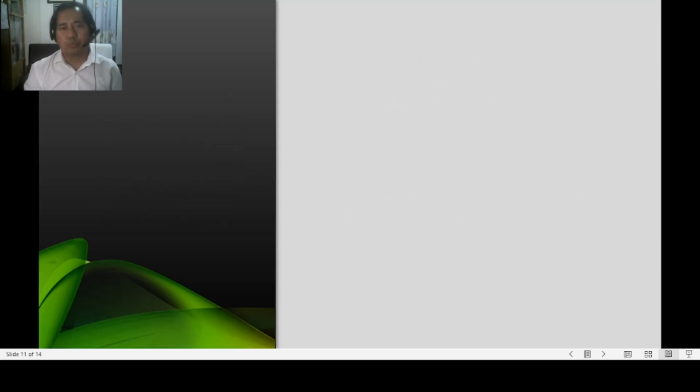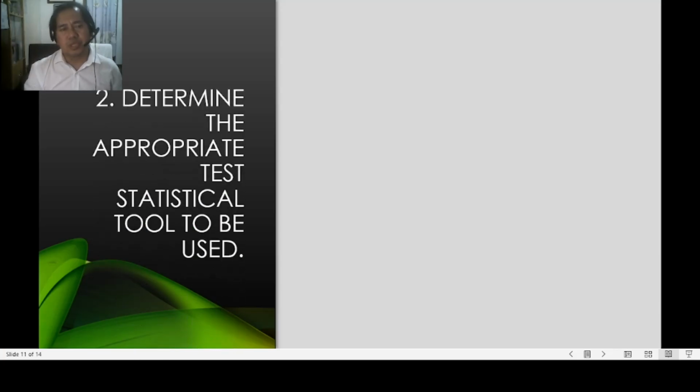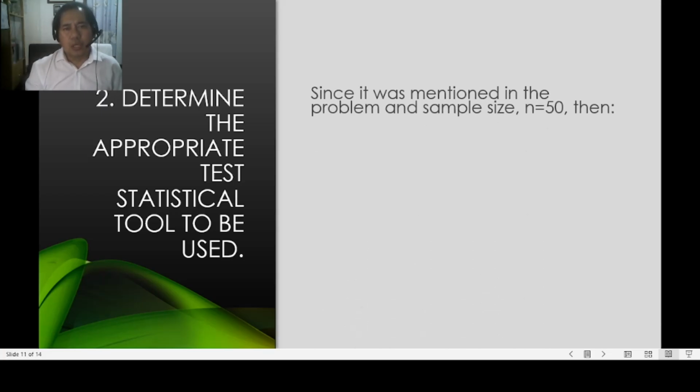Okay, number two. It states here, determine the appropriate statistical tool to be used. Since it was mentioned in the problem that the sample size n is 50, we make use of the two-tailed test and z test.